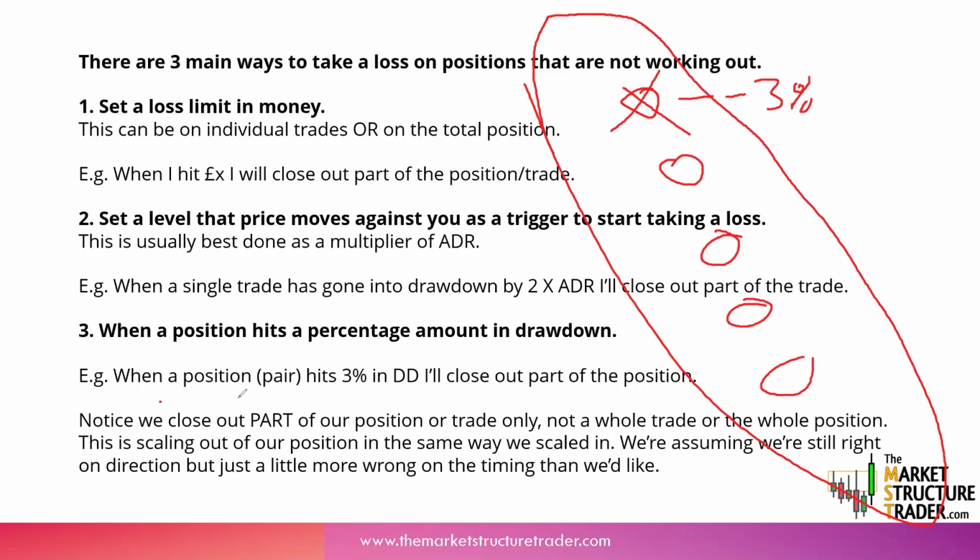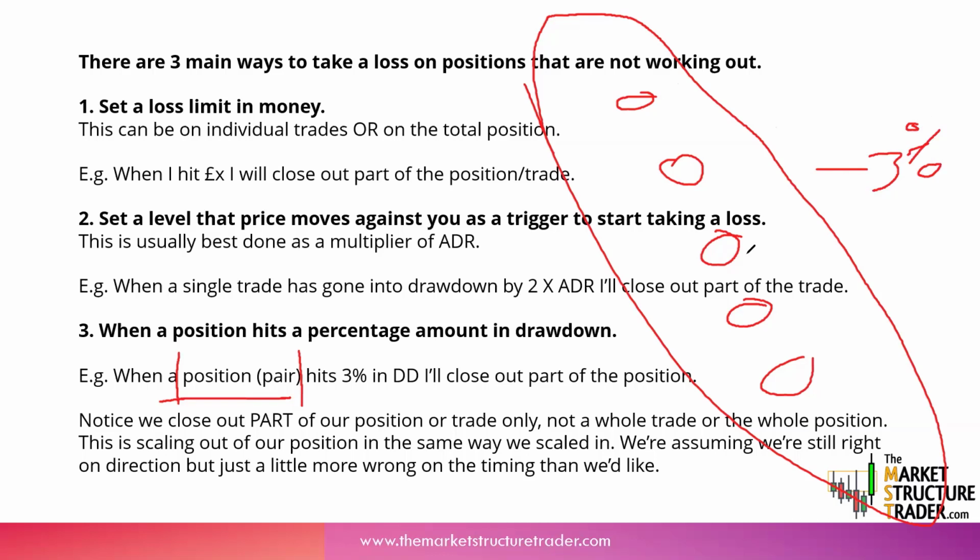What you would normally do, which I've put here, is when a position, a pair, not an individual trade, is 3% in drawdown. Okay, so when this whole position that we've got on is 3% in drawdown. Can't draw properly.